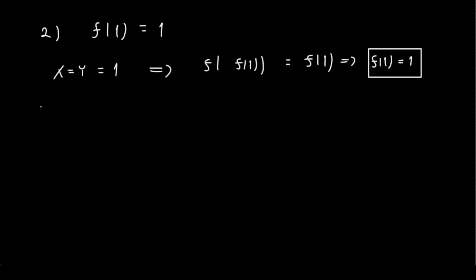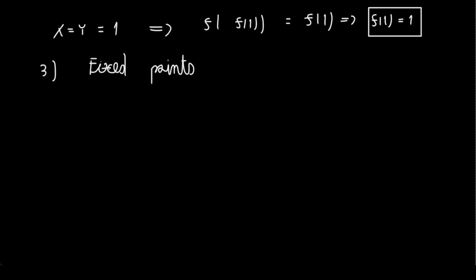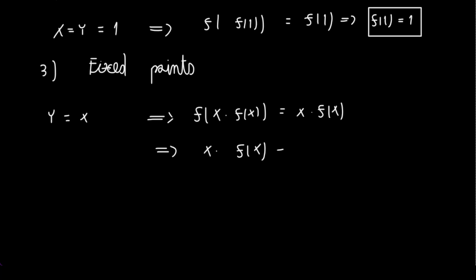Now let's look at the general form for fixed points. I will take y equal to x, and I will have f(x f(x)) equal with x f(x), from which x times f(x) is a fixed point.